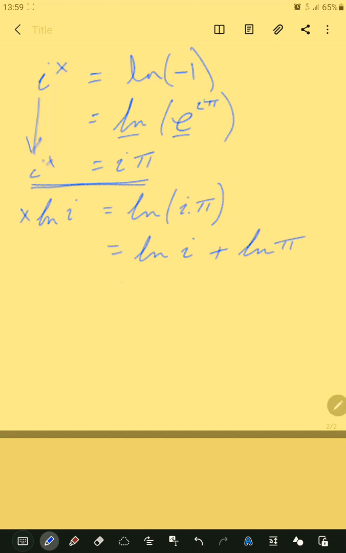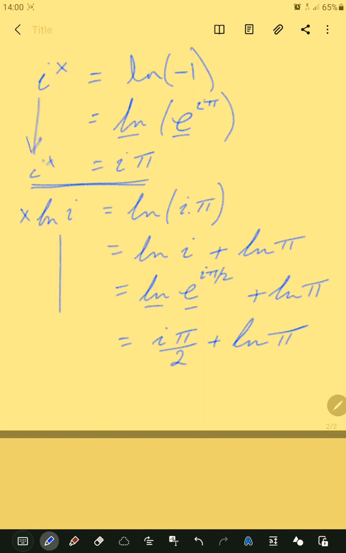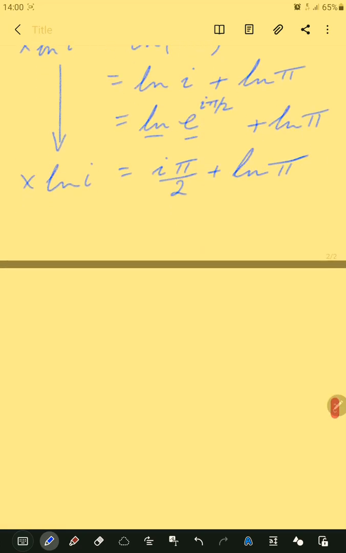And again we can substitute in for i, and it becomes ln of e to the i pi on 2 plus ln pi. And the log and exponential cancel out, giving us i pi on 2 plus ln of pi. And we can bring this down now, so we have x ln i. And as we showed just then, ln i is just i pi on 2, so we have x i pi on 2 equals i pi on 2 plus ln of pi.